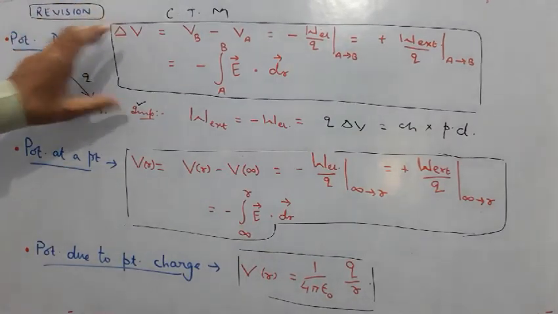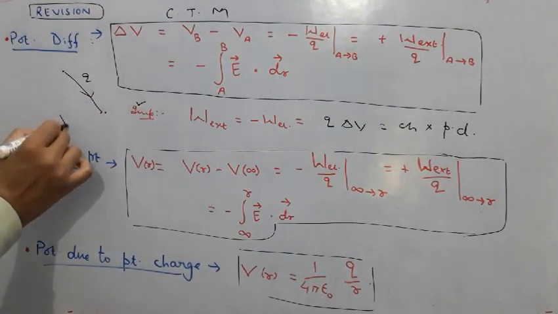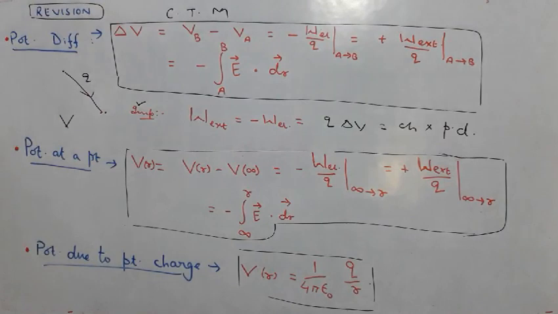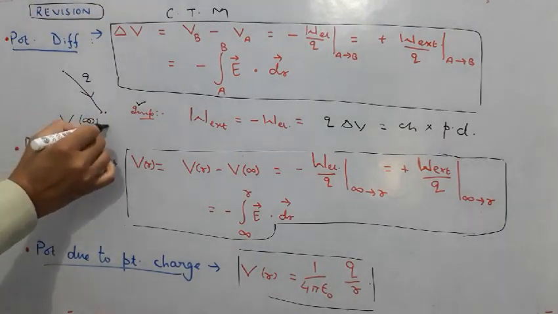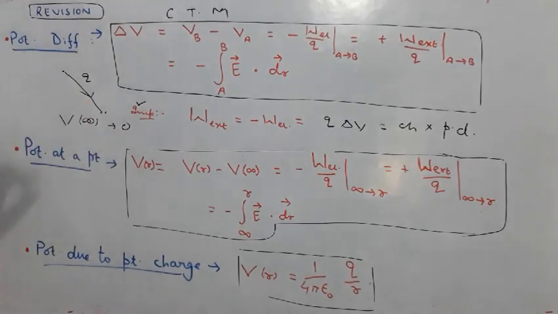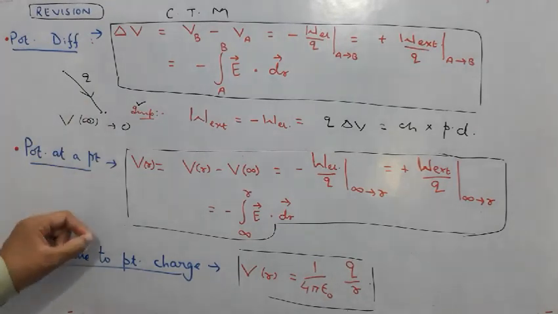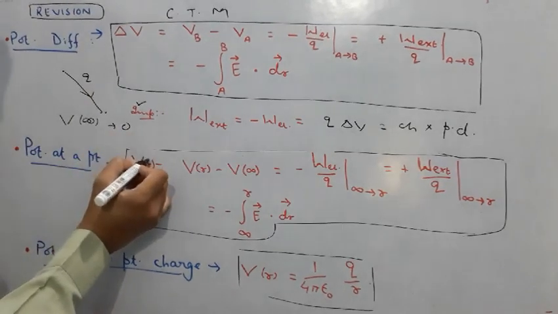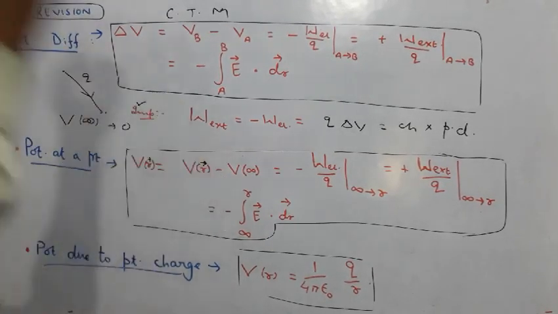Having understood this, then we took a convention. What convention? That potential due to some charge configuration V at infinite separation, that we have taken as 0. If this convention is valid, then we can define potential at a point. Suppose there be a point whose position vector is r. I should write here V of r vector in general.